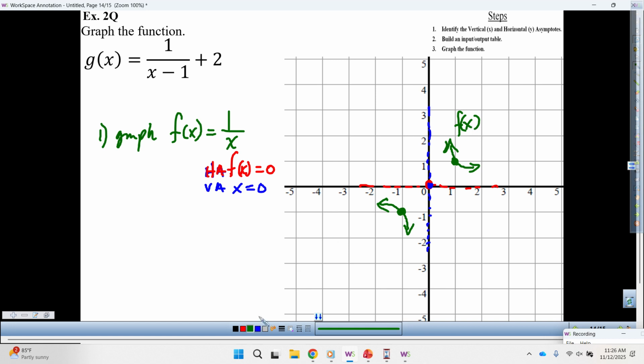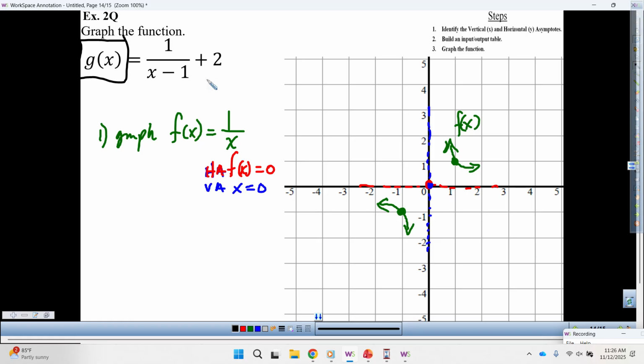And now we want to graph what, everyone? G of x. So before anything, look up. Now your brain should be ready since we did the warm-up together. Tell your neighbor where we're going to move this to according to that.